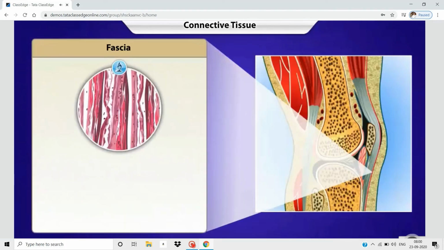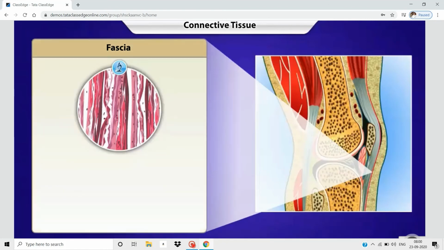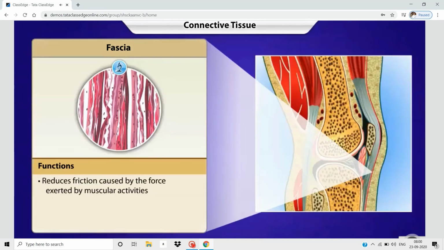Fascia is essentially a fibrous connective tissue that binds the animal skin to the underlying structures. Fascia reduces friction caused by the force exerted by muscular activities.